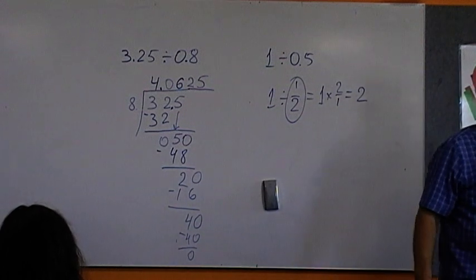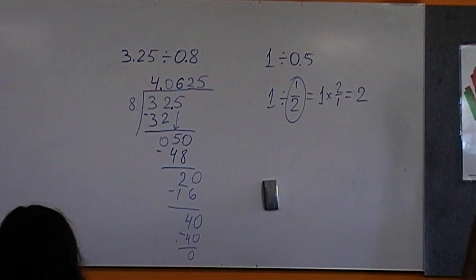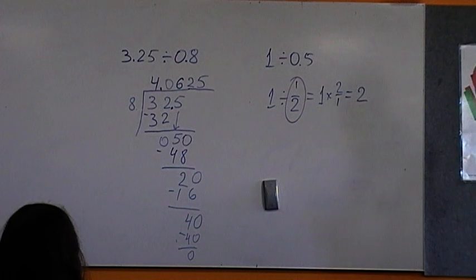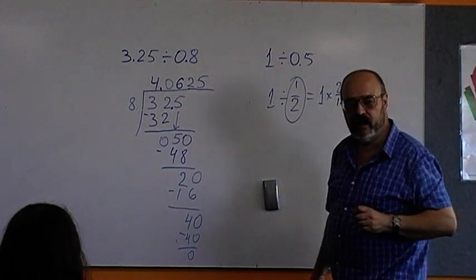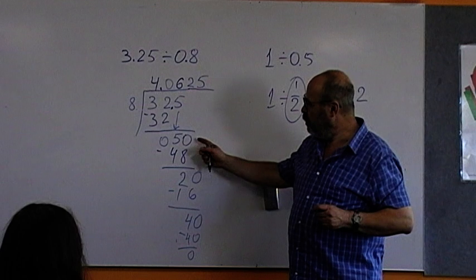Mr. V, how did you get from 50 minus 48 to 20 minus 16? How many times does 8 go into 50? That equals 6. 8 times 6 is 48, and 50 minus 48 is 2. And then you bring down the 0.